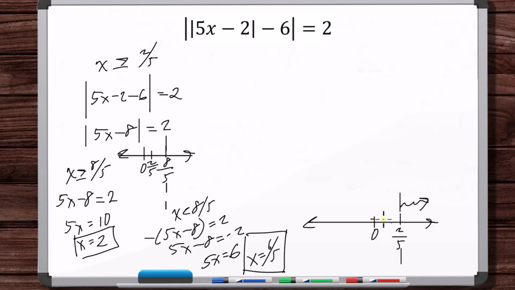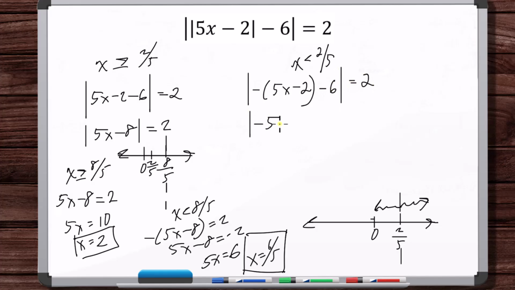Okay, so now let's go in the other direction. So x is less than 2/5. In that case, 5x minus 2 is always negative.